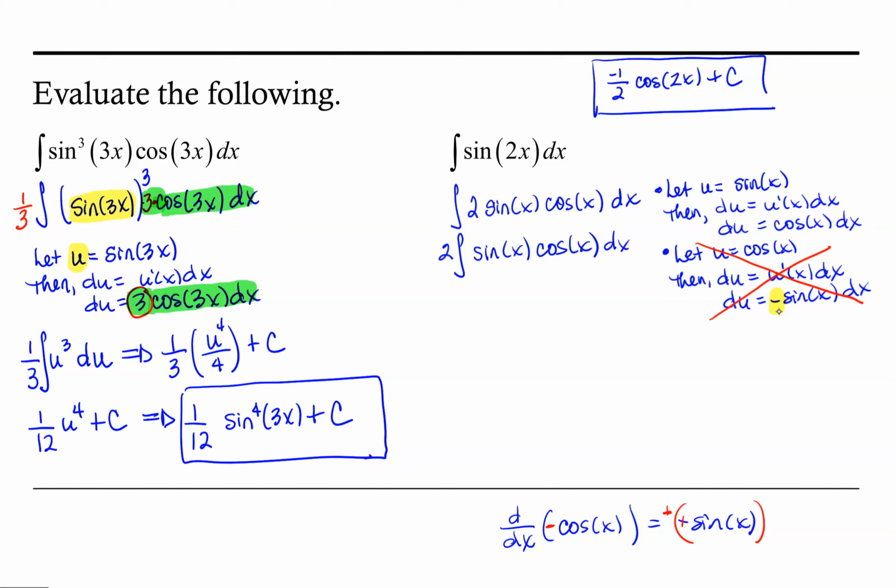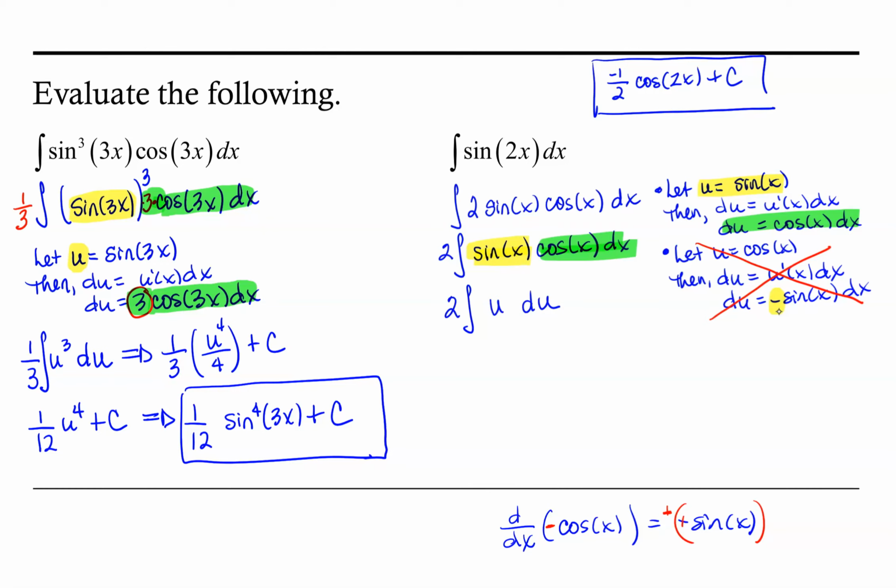So we're going to let u equal sine of x, and du equal cosine of x dx. So what we end up with here is 2 times u du. And we're ready to integrate.